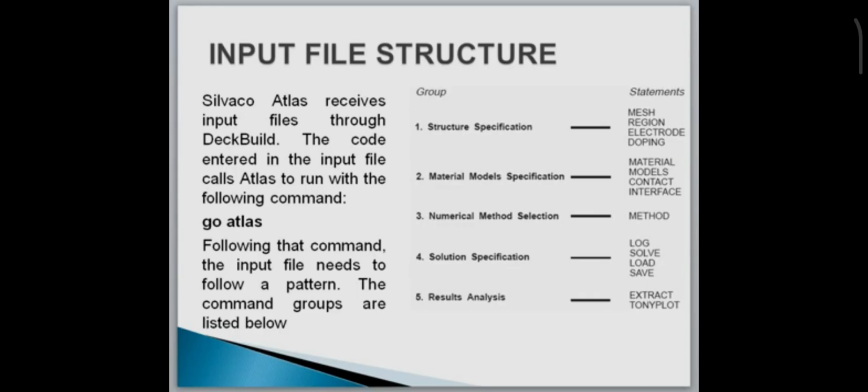You have to define models that are required to implement for a particular device, contact statement, interface statement. After that, you have to define some method to do the calculation of linear or non-linear or quadratic equation. Next, solution specification, you have to define the log statement, solve statement, load and save. And for the result analysis, you have to use two commands, tonyplot and the extract command.